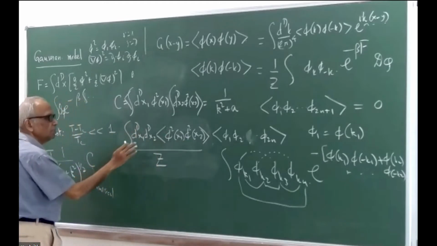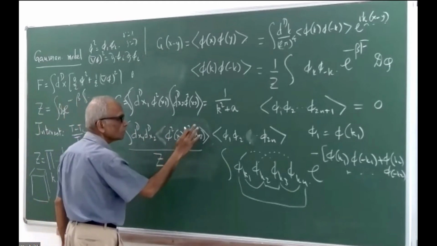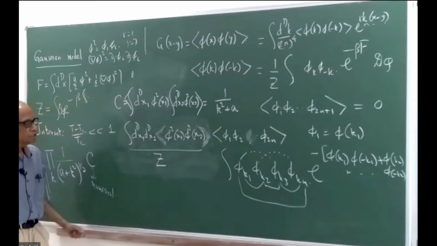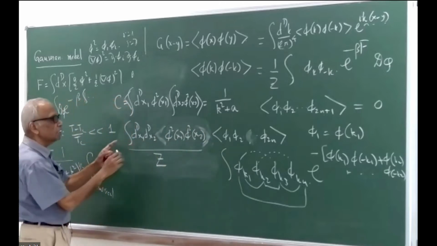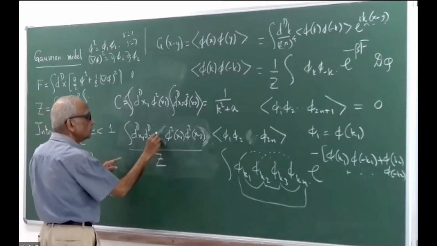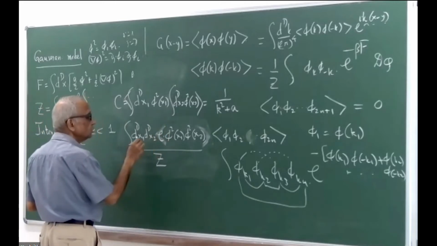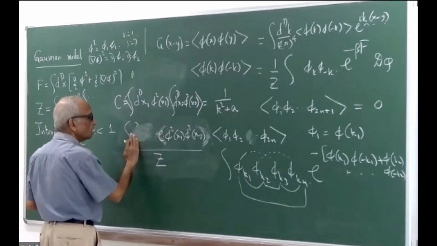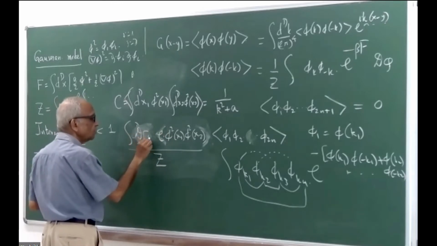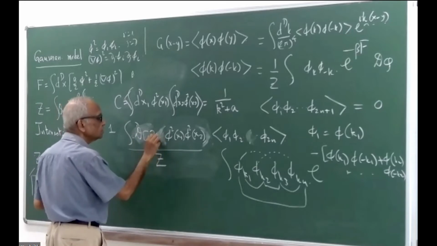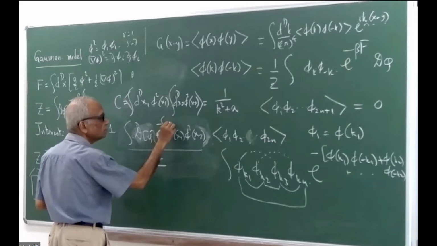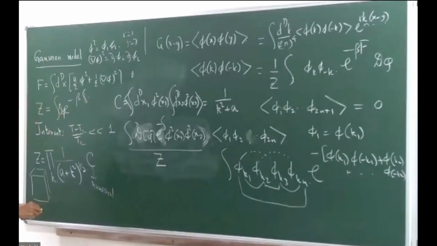So it is dx1 dx2, e to the power minus integral of the phi over here, divided by the Z square over here.